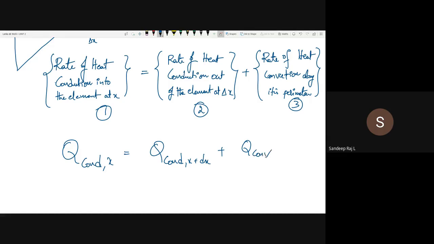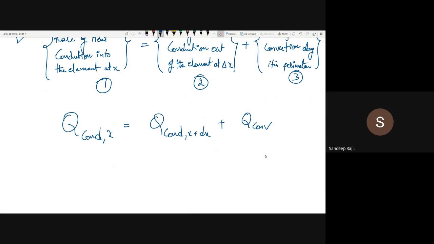Now I take the conduction on one side: Q conduction x minus Q conduction x plus dx. So essentially I'm taking the conduction at x plus dx onto my left hand side. On the other side, I will have convection left out.